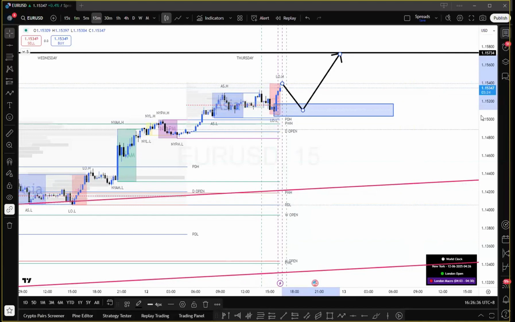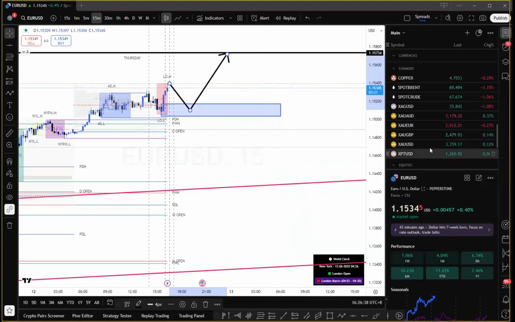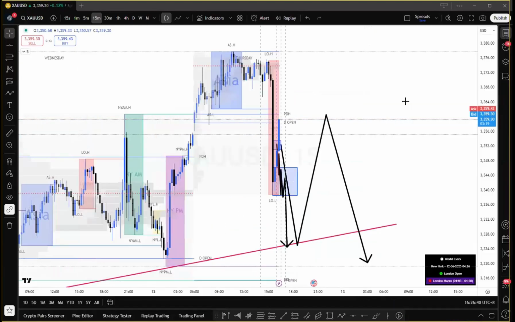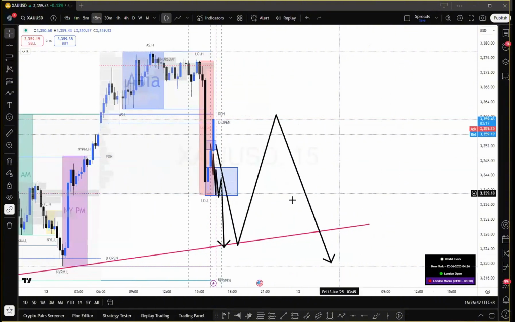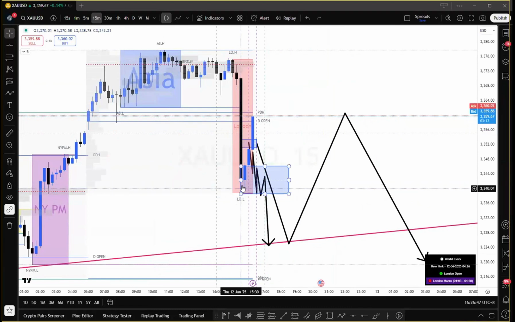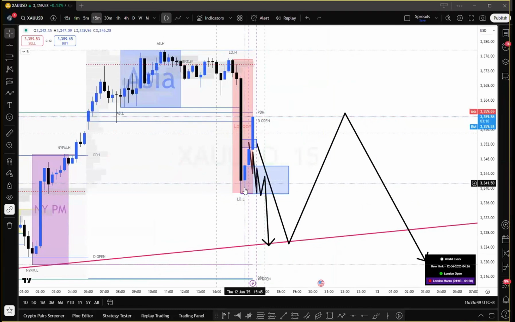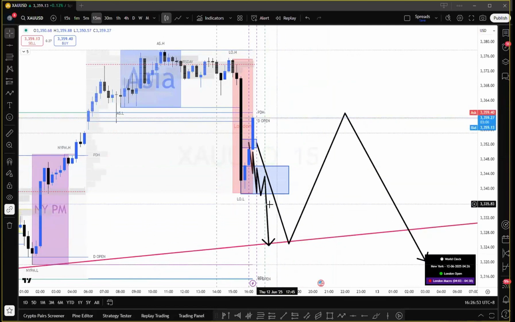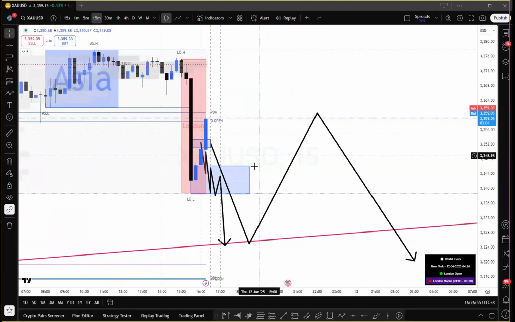All right, cool. Let's take a look at gold again. Again, the wick: if we break below this wick, then we're probably coming back down into this level. Otherwise, the continuation to the upside.